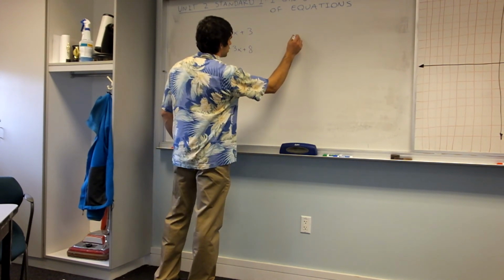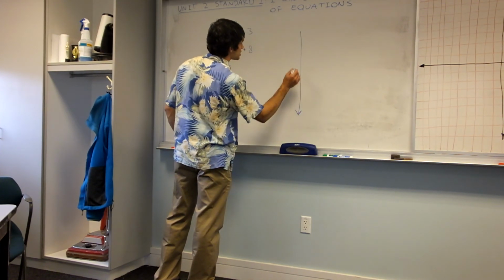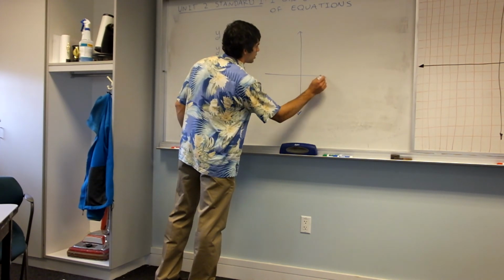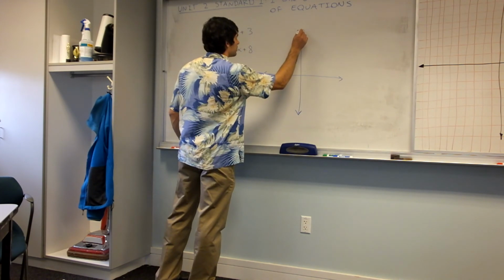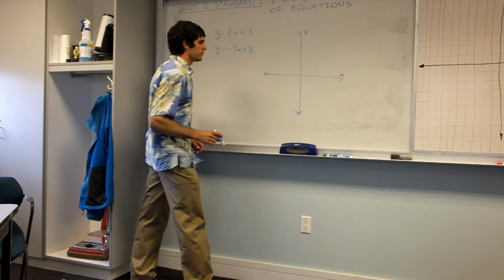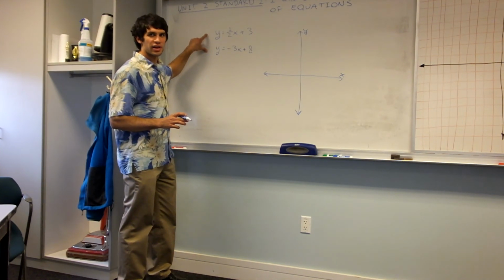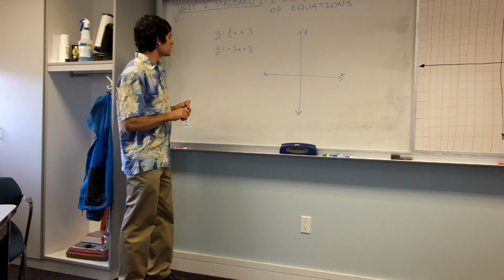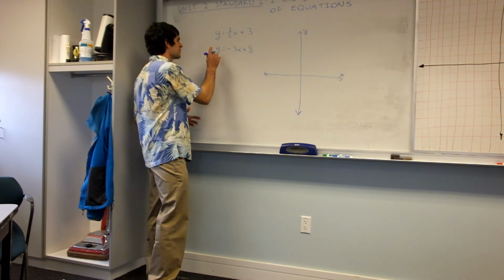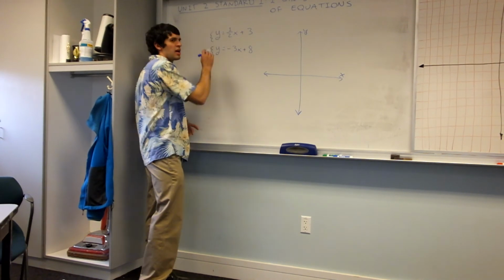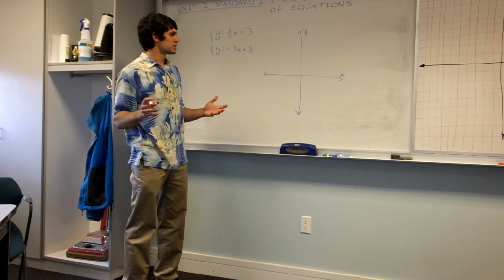So if we want to solve this equation graphically, that means we want to find the coordinate point that both of these lines share. Because as we went over earlier, each of these individual lines has an infinite number of solutions.